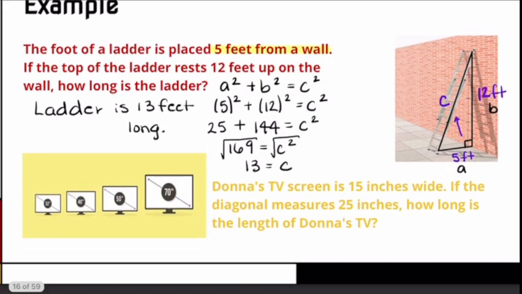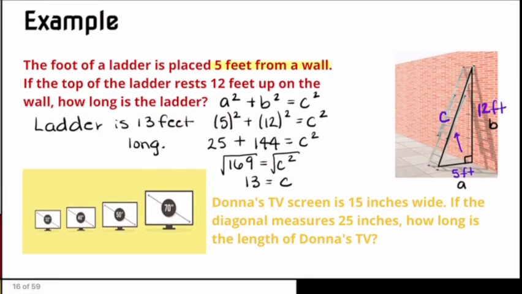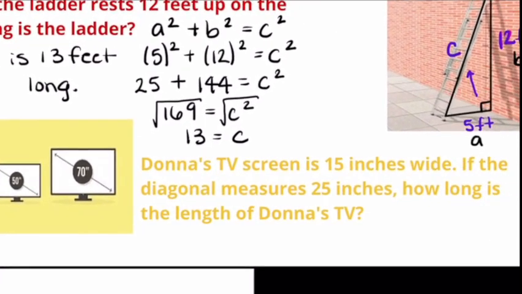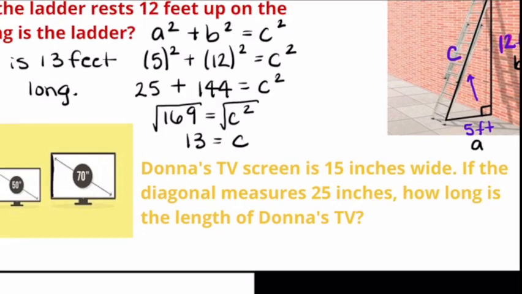Second problem over here: Donna's TV screen is 15 inches wide. If the diagonal measures 25 inches, how long is the length of Donna's TV? So over here, we have some examples of what a TV looks like. Y'all know what a TV looks like, but essentially we're going to use one of these, and I'll use the biggest one to help us fill in the information here. So we have a right triangle, okay, right here, which is essentially Donna's TV.